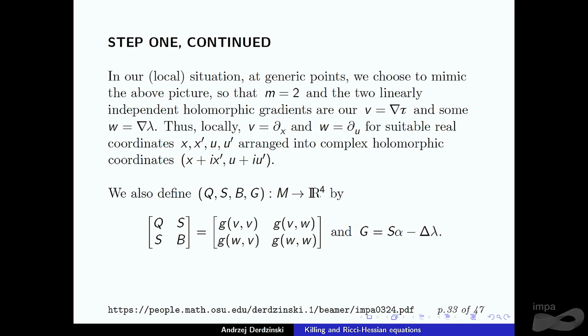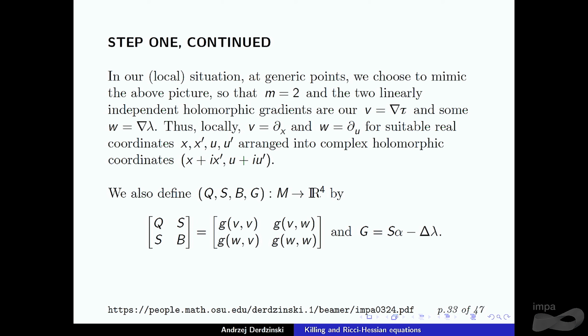So I'm choosing those two holomorphic vector fields. One is our V, the gradient of tau. I'm adding another holomorphic gradient, linearly independent from it. So locally, wherever they are linearly independent, they are the coordinate vector fields for two real coordinates, x and u, on your slice. Actually, those coordinates on your slice form the real parts of a complex holomorphic coordinate system like this in a neighborhood of a given generic point on your manifold.